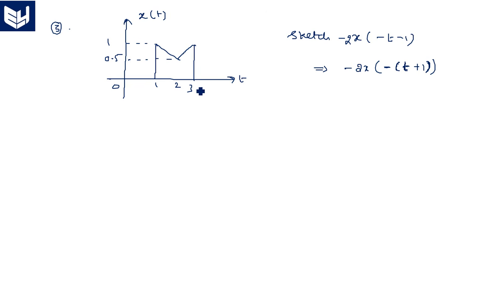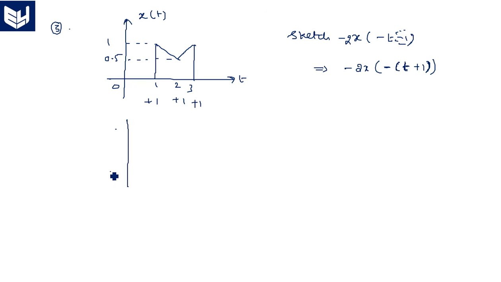So first t plus 1. What we need to do? First let us draw this minus t minus 1. So apply plus 1 on this, plus 1, plus 1, plus 1. So I am taking this minus 1 and then applying this on all these.